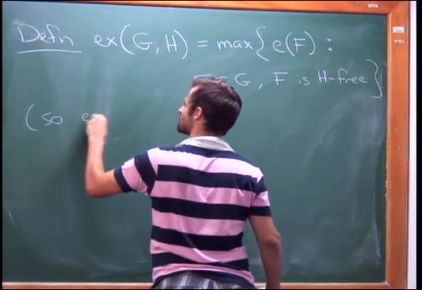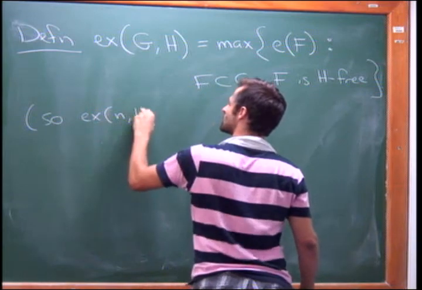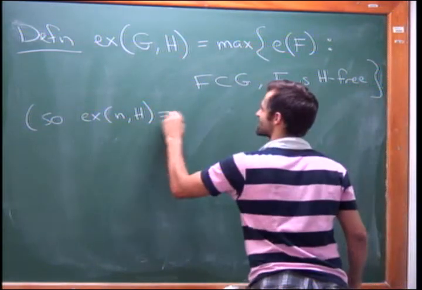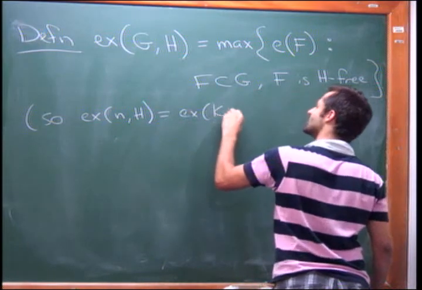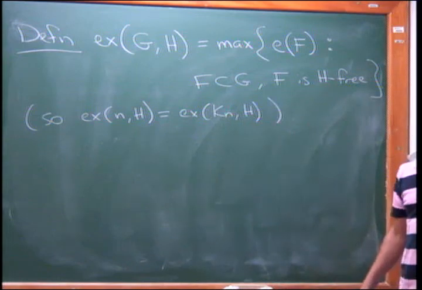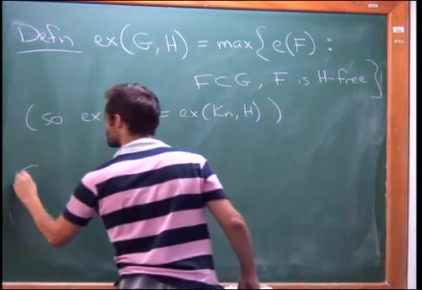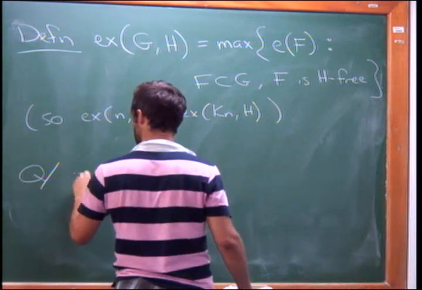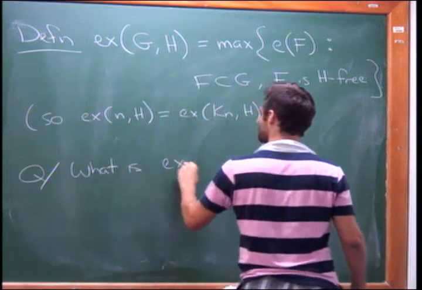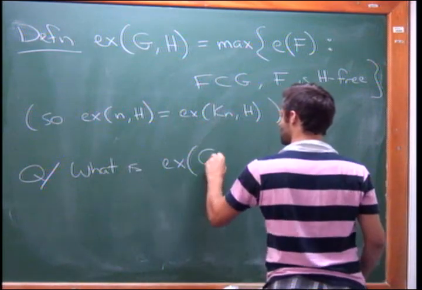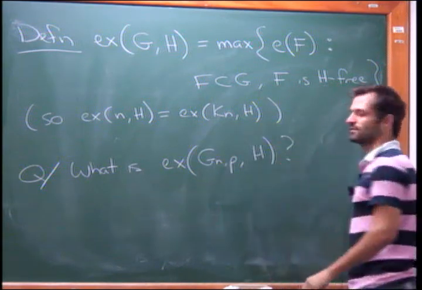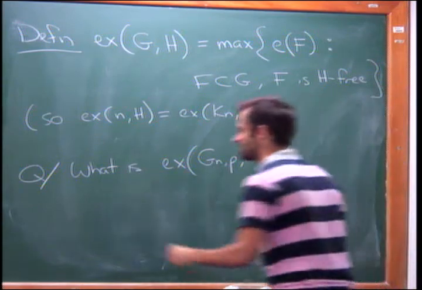So what's the extremal number ex(n,H)? It's just the extremal number of K_n, H. Right? And the question is, what is the extremal number of G(n,p), H?